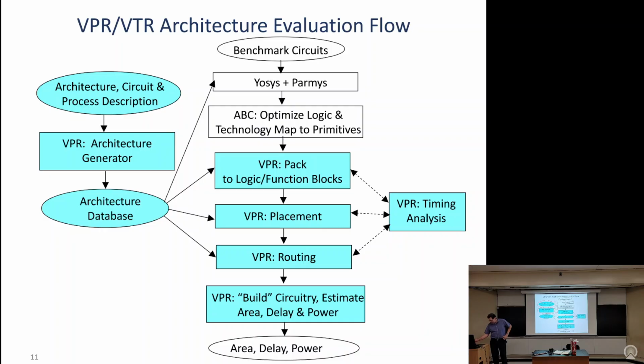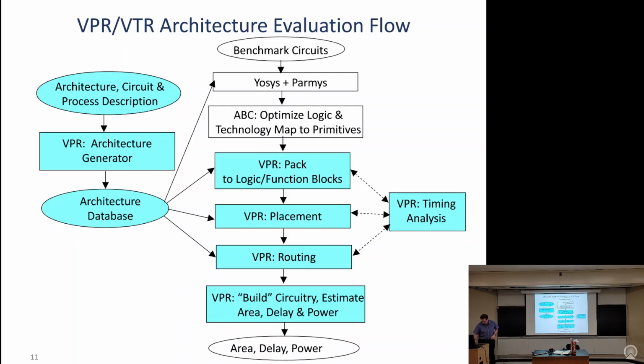And sometimes some aspects of this architecture description, you can leave things a little bit vague, and the architecture generator will essentially, for example, if you say, make me some reasonable switch patterns, but I want these lengths of wires, the architecture generator knows how to do that. So you can essentially make your specification a little more vague, and there's enough intelligence in here that it should make you a reasonable architecture. If you know exactly what you want, you can make it more detailed, and you'll control this more.